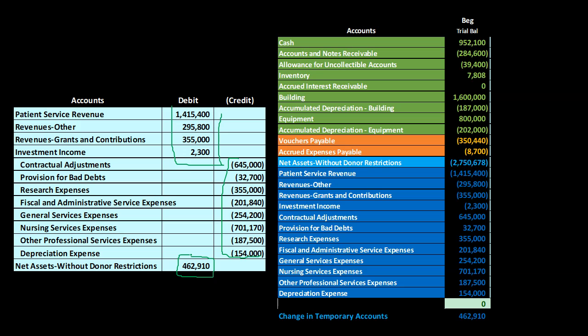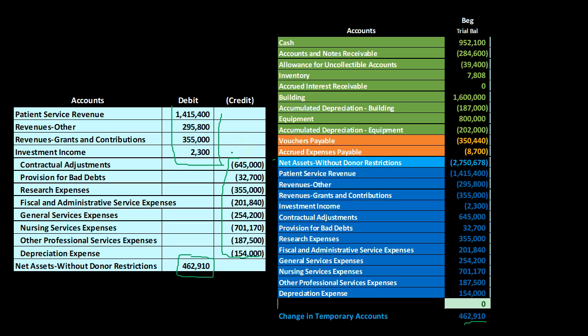Have we seen that number somewhere before? That's basically the net income type of number, because we're closing this entire thing out, all the temporary accounts, revenue and expense accounts, with one journal entry. Therefore, the difference will be like the net income number, the $462,910. That's what we're going to close out to the net assets without donor restrictions section.